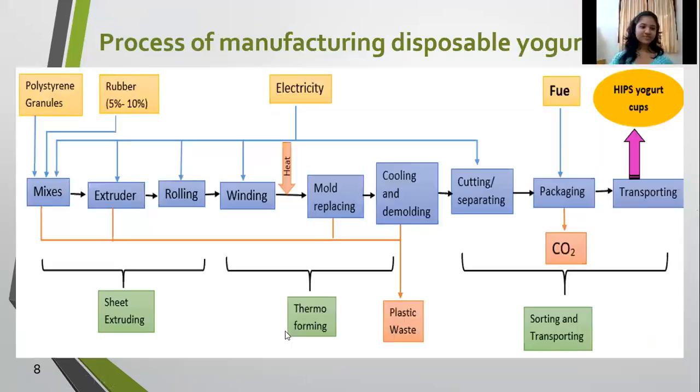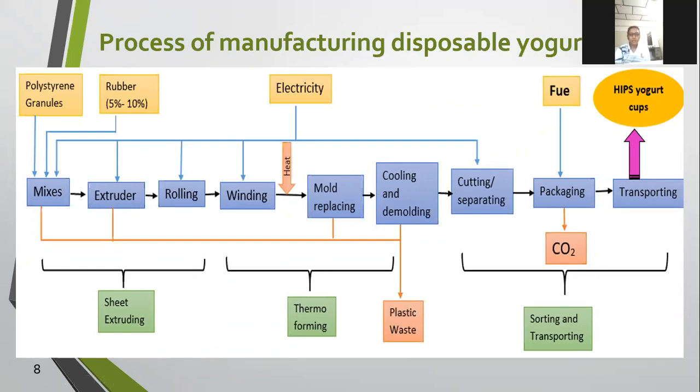Thank you, Nirandi. I am Godigamwa GLH. I will talk about the manufacturing process, uses, and the problems all related to the disposable yogurt cup. As you can see in this slide, there are several steps related to the process of manufacturing a yogurt cup. The first steps are mixing, extruding, rolling, and dividing.